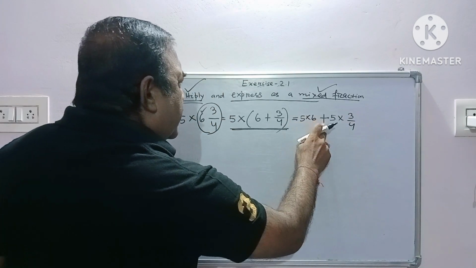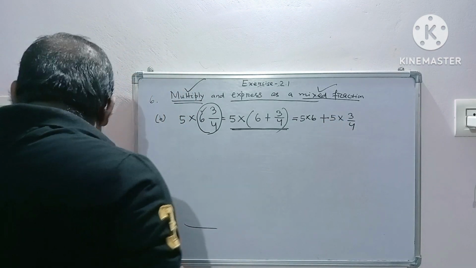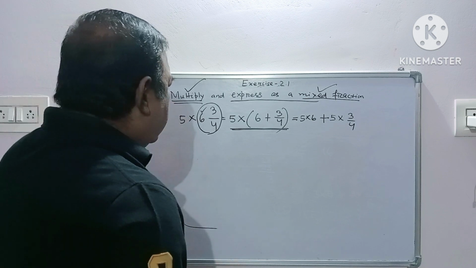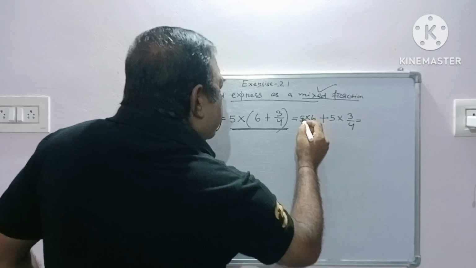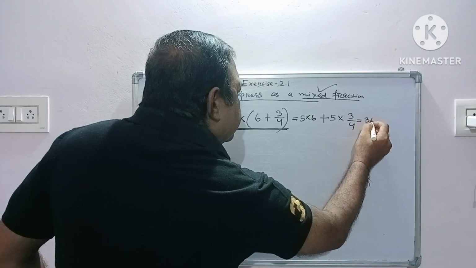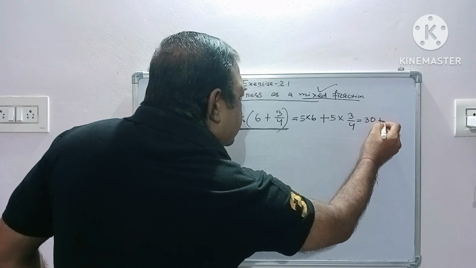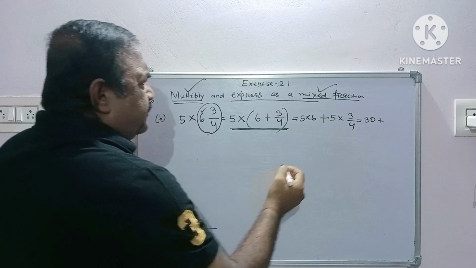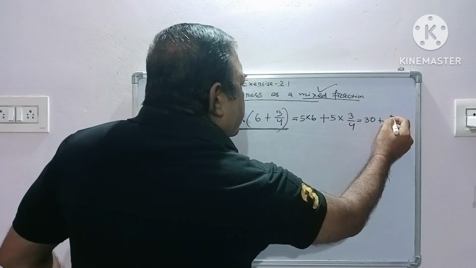A into B plus A into C, that is the distributive property of multiplication over addition. So finally you see what is happening here. 5 6s are 30 plus, what is here? It is 15 upon 4.